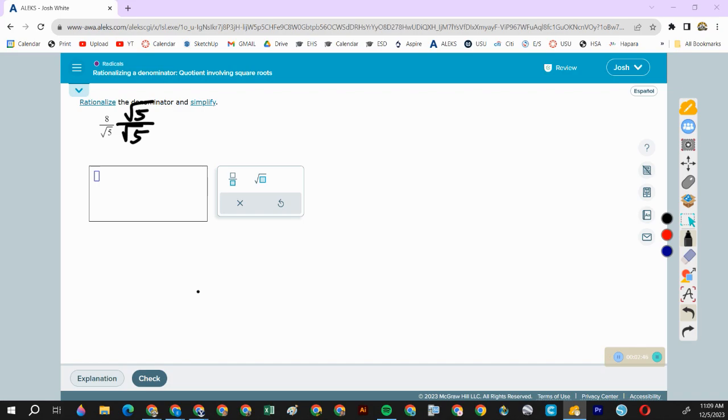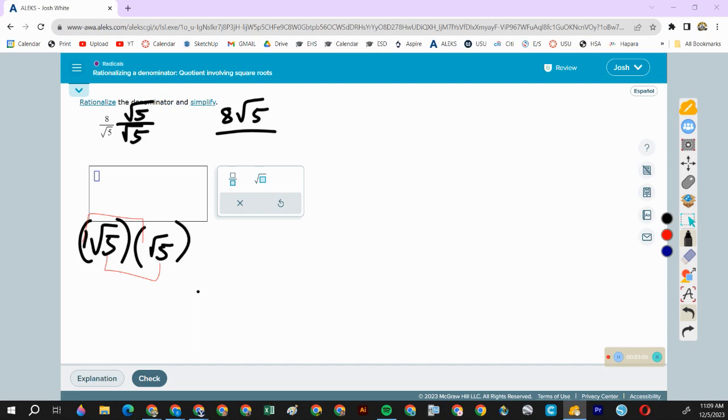The top becomes 8 root 5, and the bottom becomes the square root of 5 times the square root of 5. How do we multiply roots? Well, you do outside times outside and inside times inside.